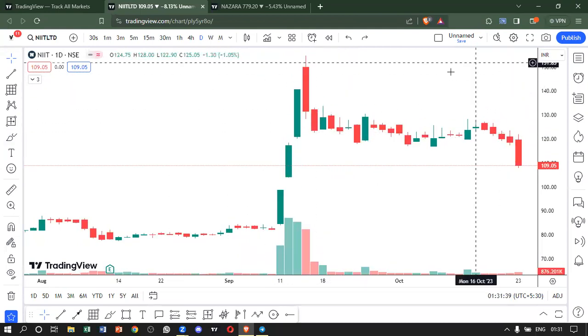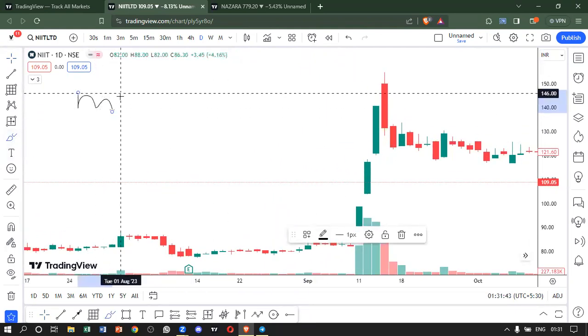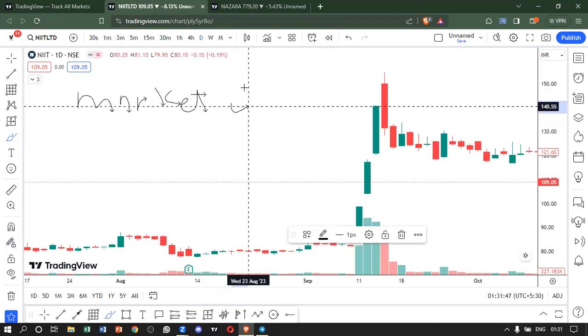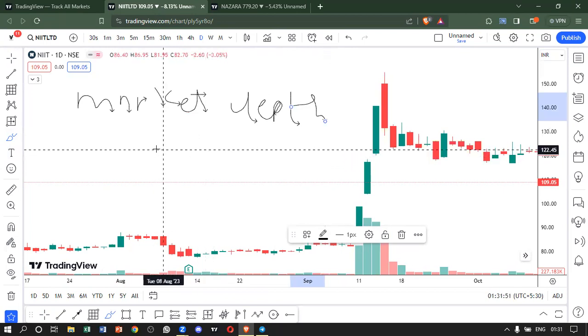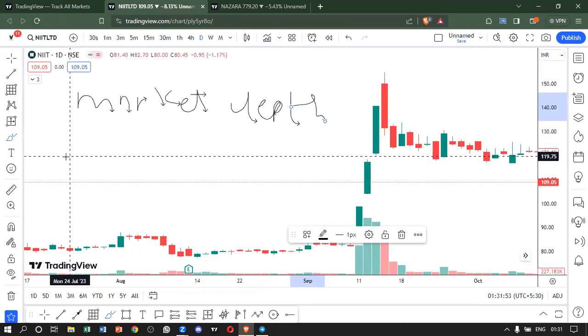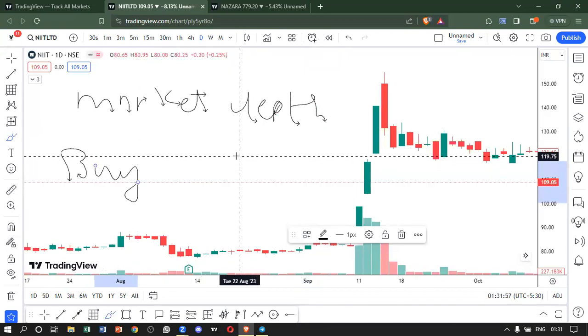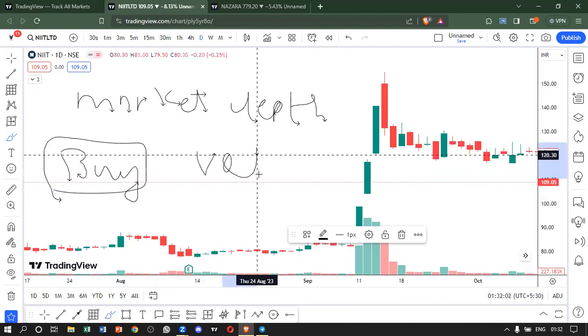Also, you need to keep an eye on the market depth. Market depth is the utmost important tool in the cash market segment. Whenever you see a stock hitting the upper circuit limit, you need to observe how many buyers are kicking in, and what is the volume that has been traded.